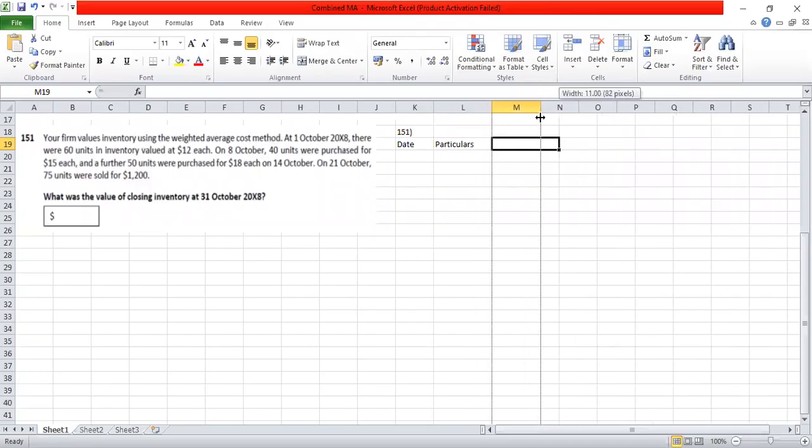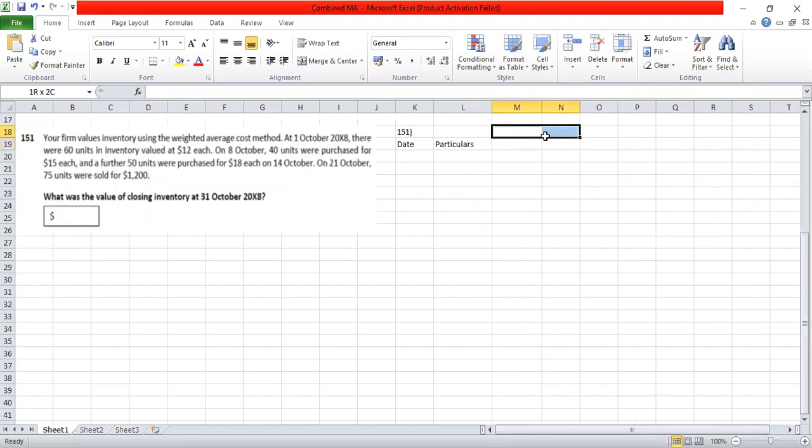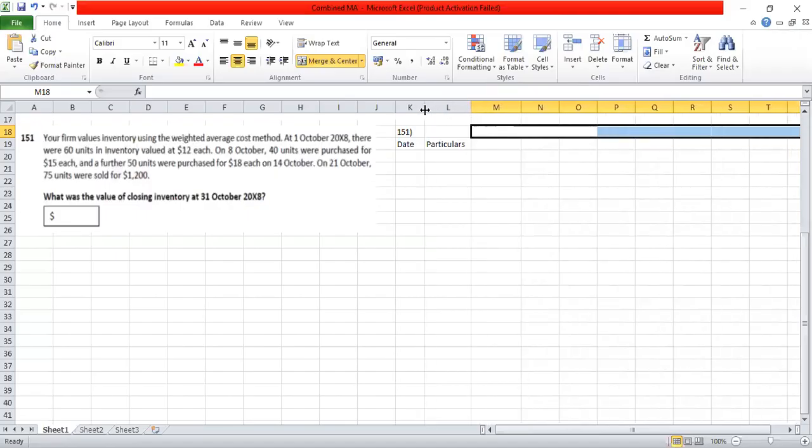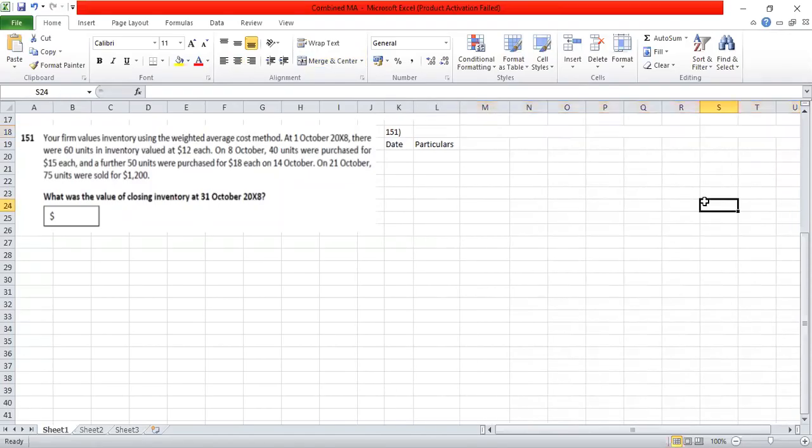Next, we see that the first set of three columns is about what we either call receipts or purchases, because the material would be received by the stores department.